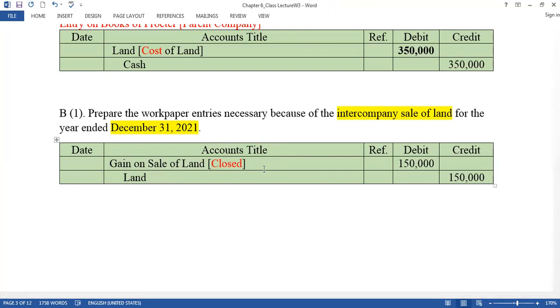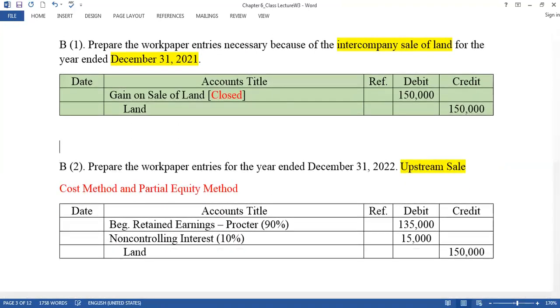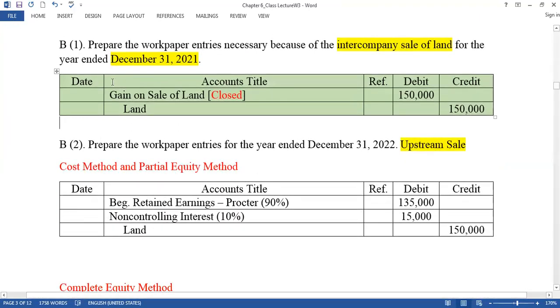So we need the same journal, look here. We need to do the same again. We need to close our gain or loss again. We need to decrease our land again. So this journal we are going to do again, but we use the retained earnings account.